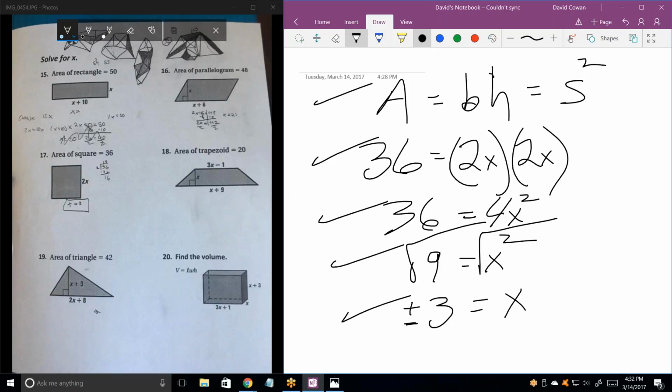And that is perhaps the most common mistake that all of my students make, is they forget the plus or minus. One of the reasons is when you're in geometry, you can kind of forget the plus or minus because the minus 3 can't work. We cannot have dimensions that are negative. So my only real answer is x equals 3.